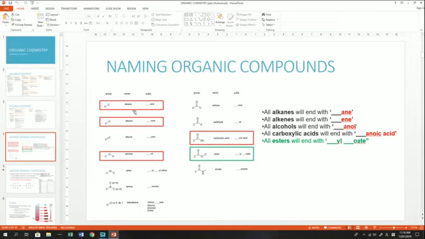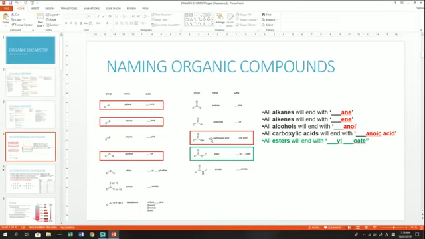So if you have an alkane, which has the functional group of just a carbon attached to a carbon with a single bond, then it'll end with the name ane. An alkene that has a functional group of carbon-carbon double bond will end with the name ene. An alcohol, as we've described before, will have the functional group OH, and that will end with the name anol.